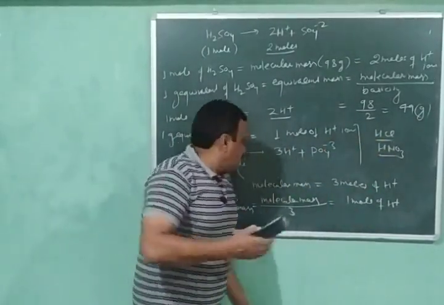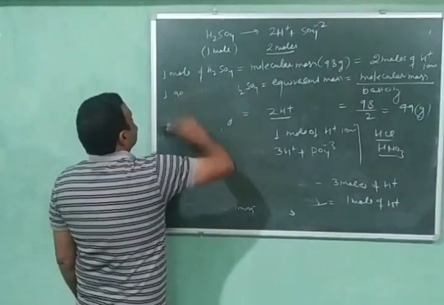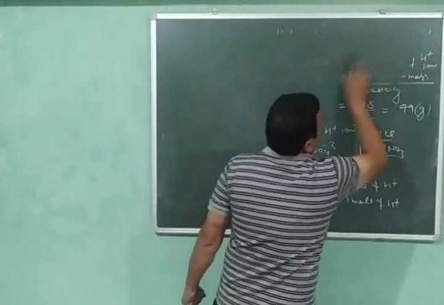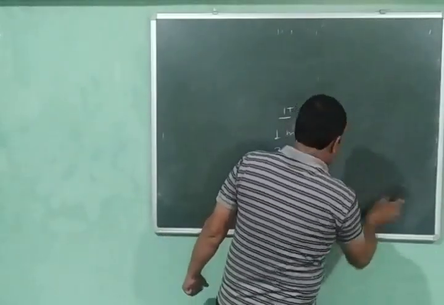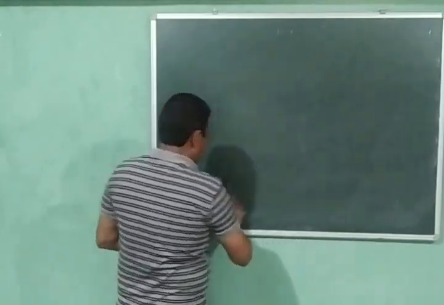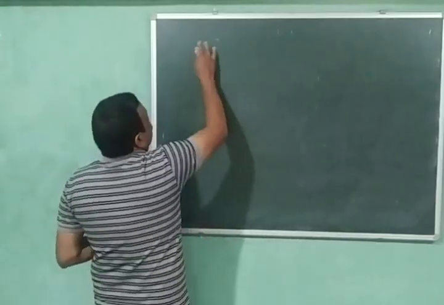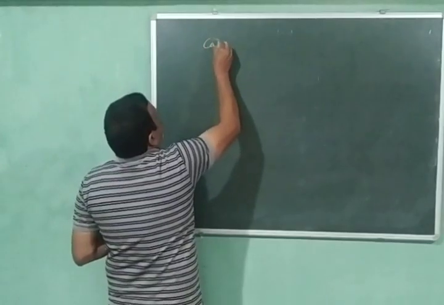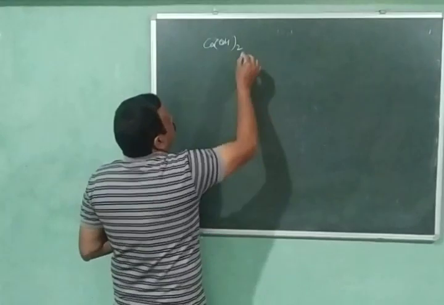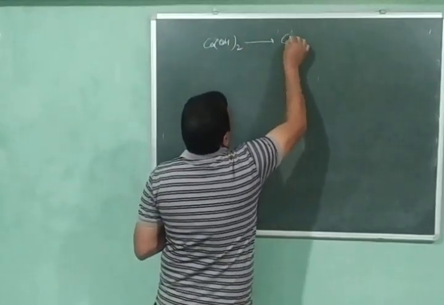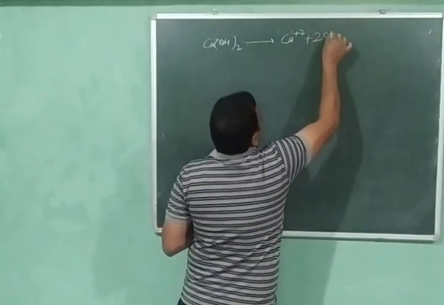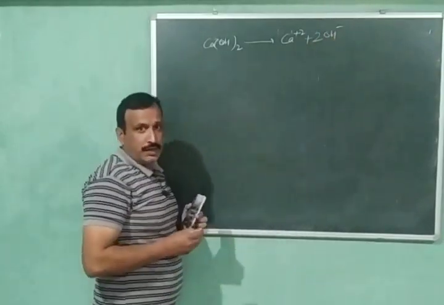Okay. So now let us discuss how 1 gram equivalent of a base gives us what? 1 mole of OH negative ion. Okay. So I have taken the example of calcium hydroxide. This calcium hydroxide ionizes in this fashion, giving us calcium ions plus 2 OH ions.